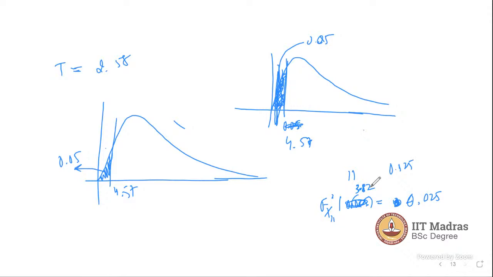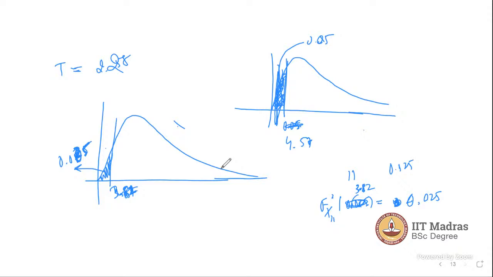So basically at 3.82, I have this 2.5% level of significance, and whatever I have observed is 2.28. But why will it be 0.025? It should be 0.05, right? Should the significance level not be 0.05? It is a two-sided test, so basically we go by alpha by 2 there.